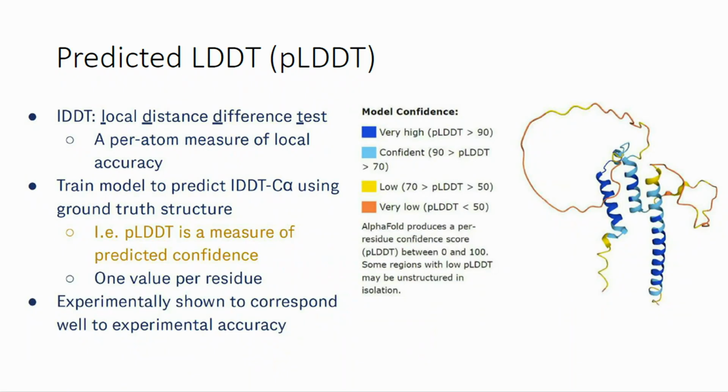This is actually a very interesting phenomenon: AlphaFold is really able to predict its own error pretty well, even though it's not able to predict the real structure. When it's making a mistake, it's very likely that it knows it's making a mistake. Therefore, when we talk about protein design later, we will see people using pLDDT almost as an in silico metric to decide whether your designed protein is good or not.